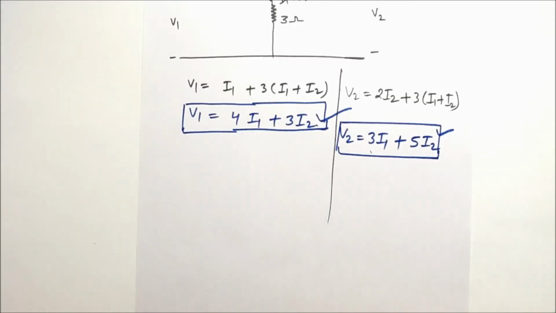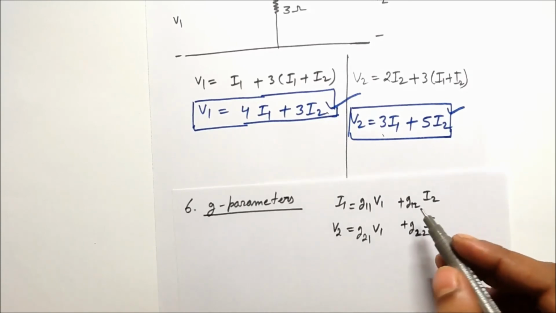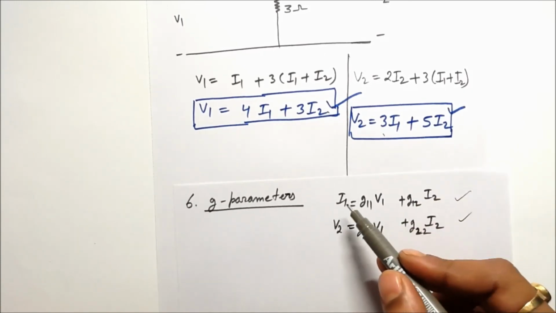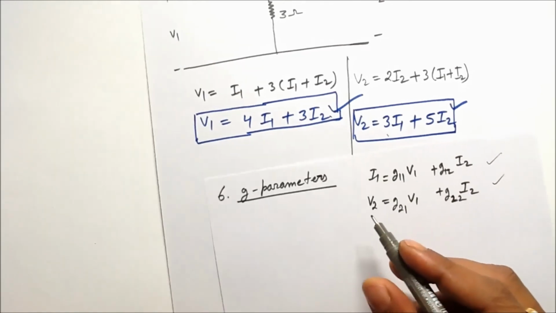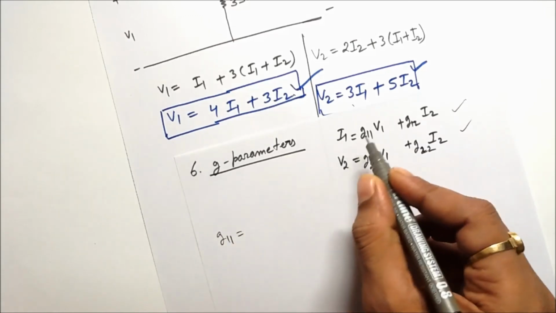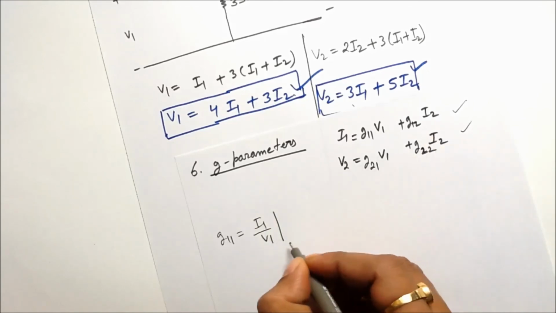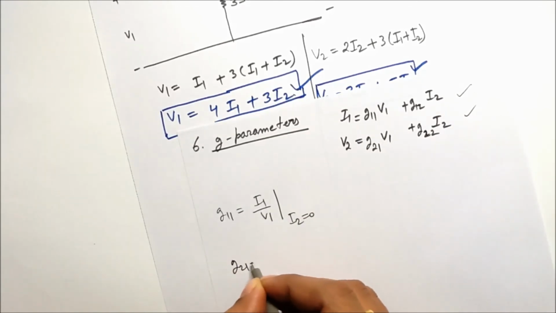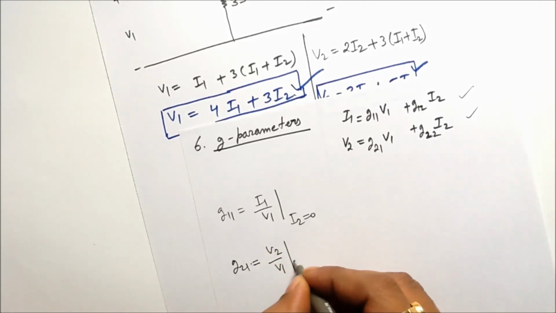Let us find the G parameters. The equations related to the G parameters are these: I1 and V2 are functions of V1 and I2. Let us see how G11 can be defined. G11 equals I1 upon V1 when I2 equals 0, and G21 equals V2 upon V1 when I2 equals 0.